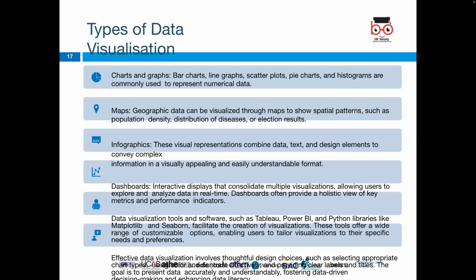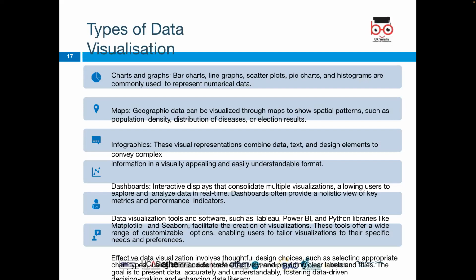What are the types of data visualization? We have charts, we have maps, we have infographics, we have dashboards, we have data visualization tools such as Tableau. The first one, charts and graphs. Bar charts, line charts, scatter plots, pie charts, and histograms are commonly used to represent numerical data. Maps.